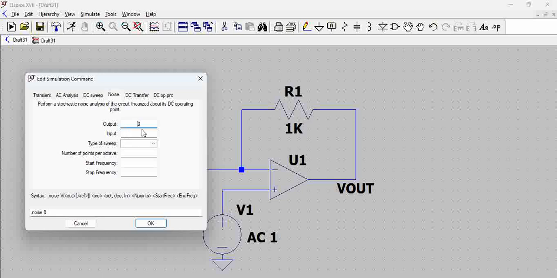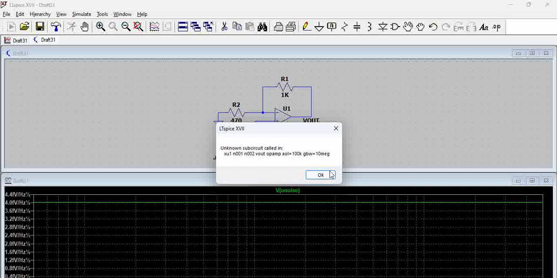During noise analysis, we want to see the noise that is present on the output node, V of Vout, and the input is V1. Let us take 500 points and start from 50 and go till 500 meg. So this is the simulation command.